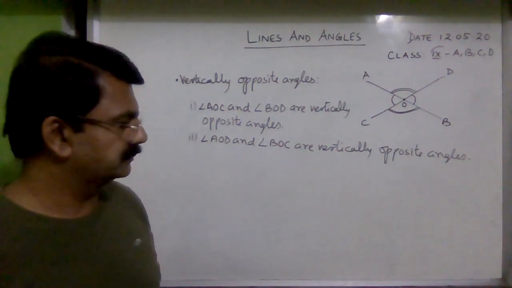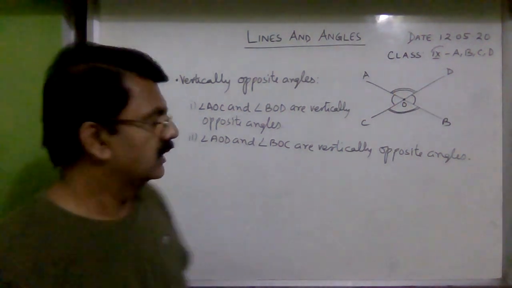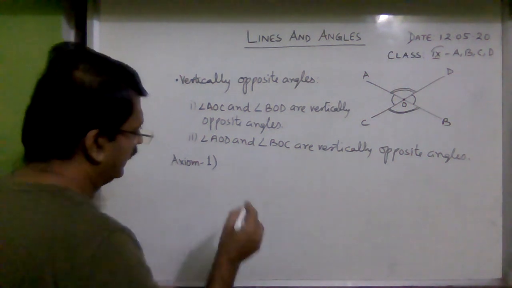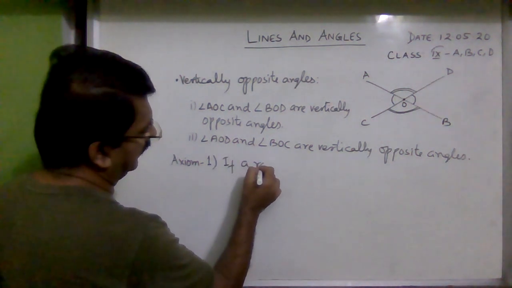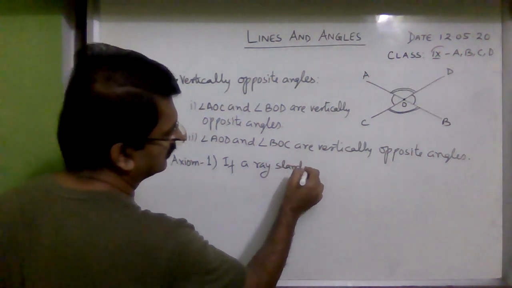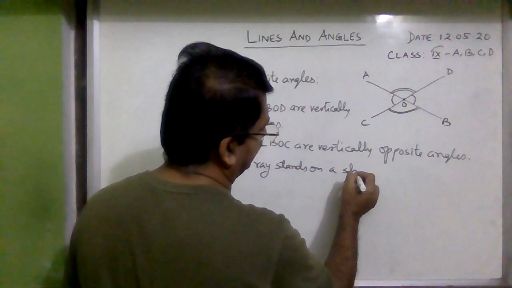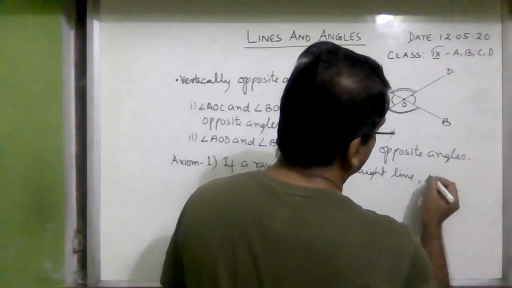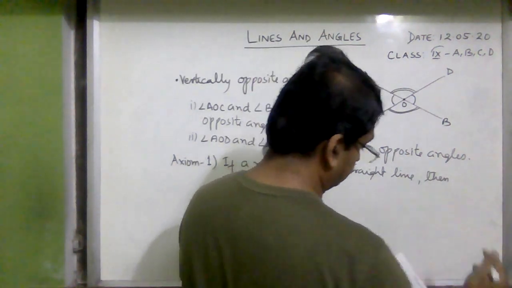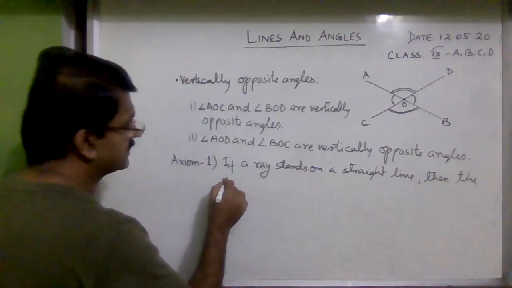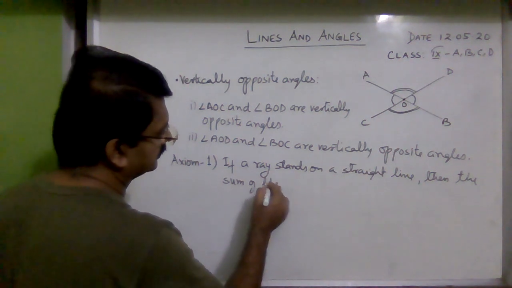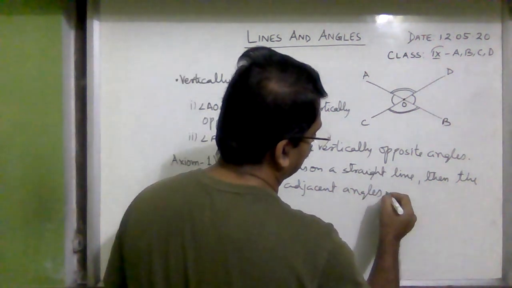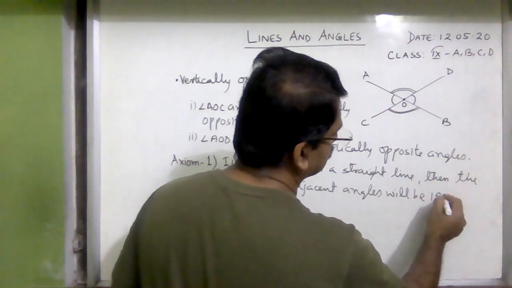Now I'll tell you a few axioms. Axiom 1: if a ray stands on a straight line, then the sum of the adjacent angles will be 180.